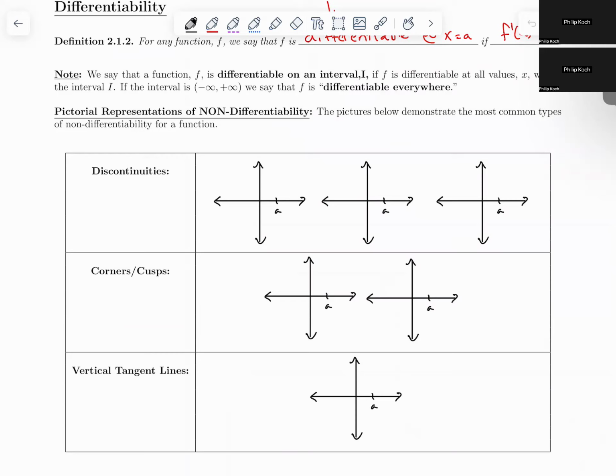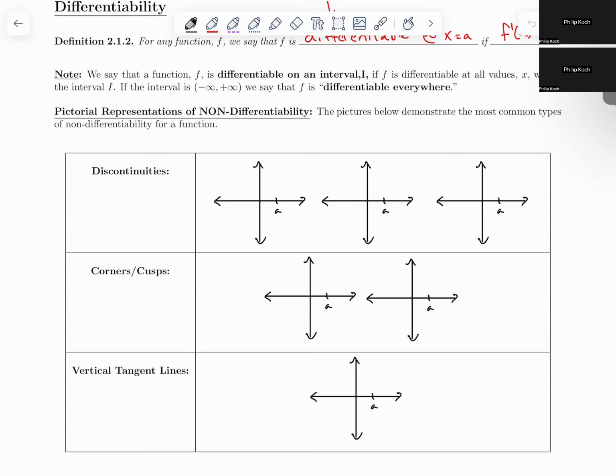And so how do we know that it's not differentiable? The first and the third make sense visually. People watching the recording online, sadly, can't see this. Think about tangent lines.